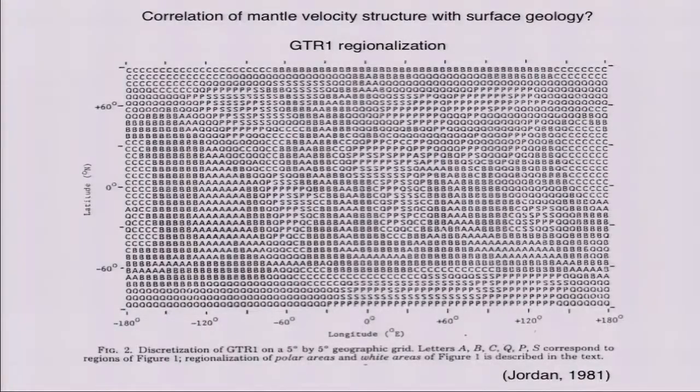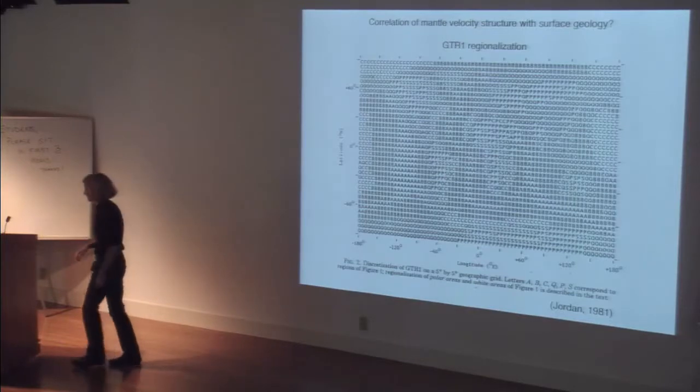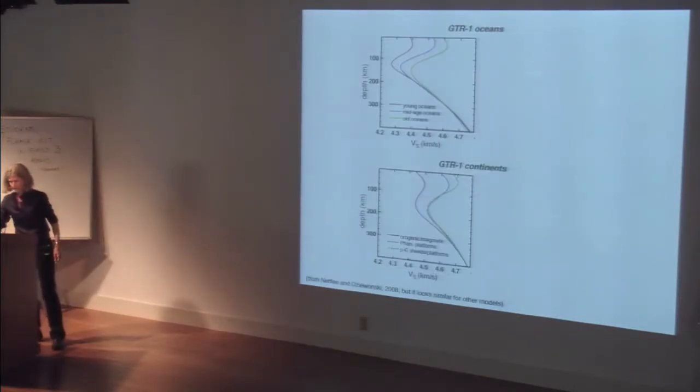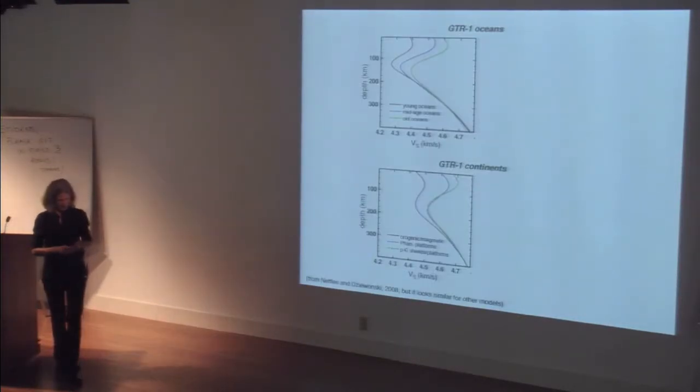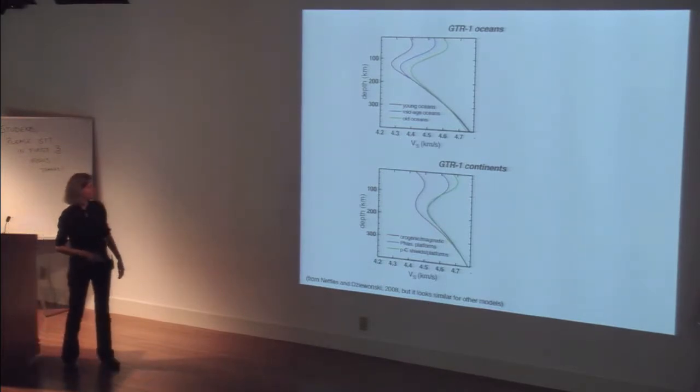But okay, so this is a regionalization of the Earth that Tom Jordan made in 1981. P, Q, S, A, B, C. A, B, C are different ages of the ocean, and then the P's and Q's and S's are different types of continent. Okay? So here's what you get. I did this for a model I made because that was easier, but it looks quite similar for other models.